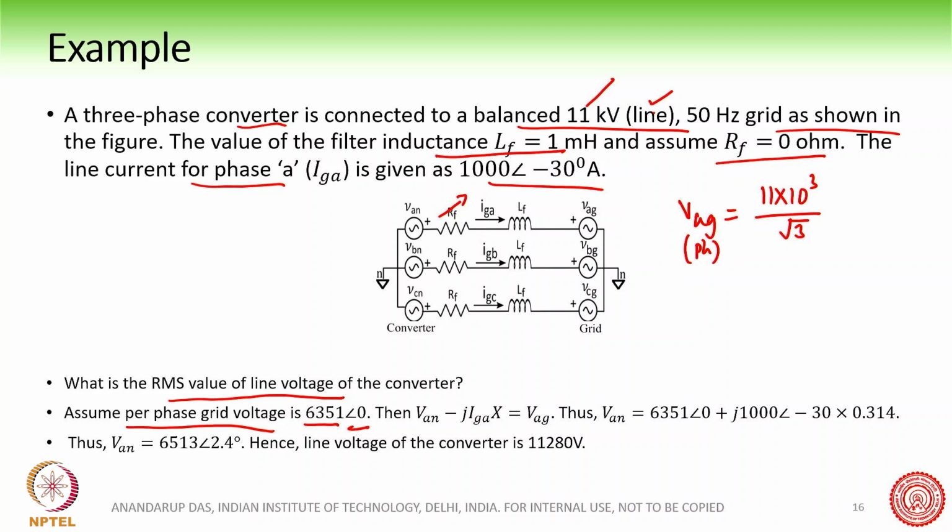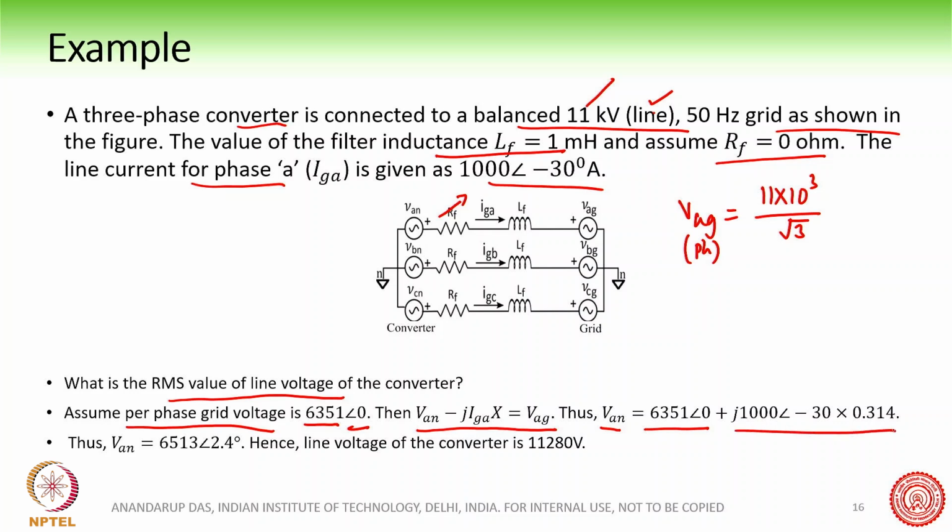We are assuming the phase voltage to be at an angle 0, and then we just apply the previous formula on a per phase basis. It is always useful to do the calculation on a per phase basis, because this is a balanced system. So VAN minus j IG X equals VAG, and therefore VAN is this much plus this much.